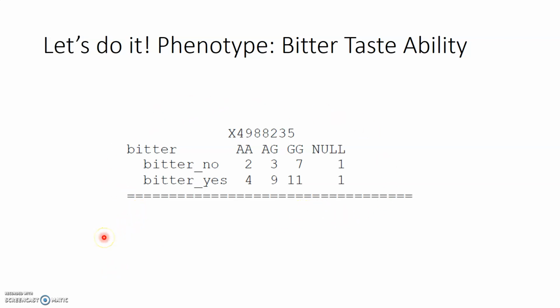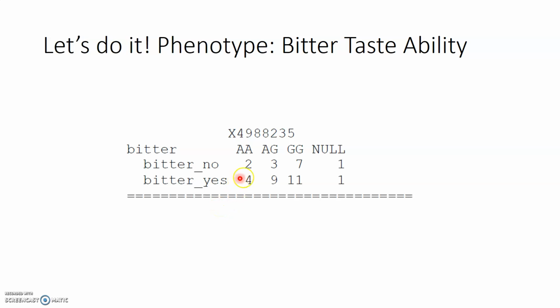genome. And so what we're investigating today is the bitter taste ability, the ability to taste something bitter. And you see our genotype counts here. This is with an N of 36 people.